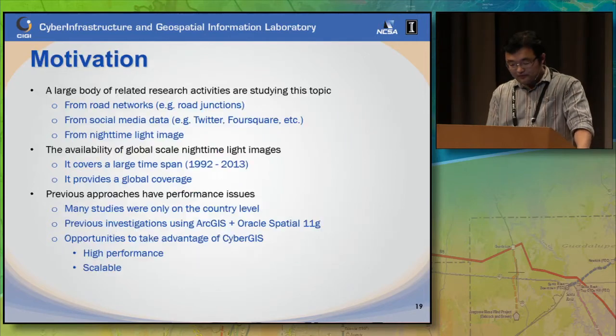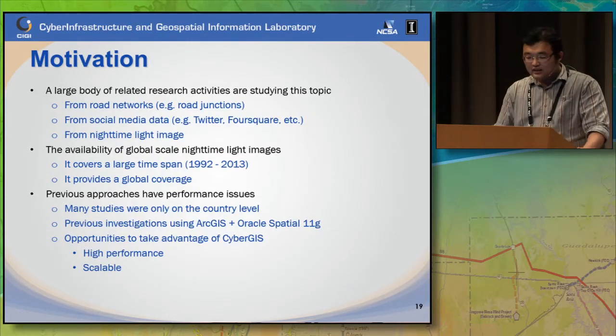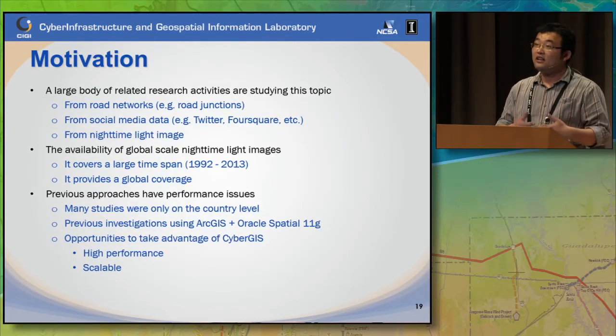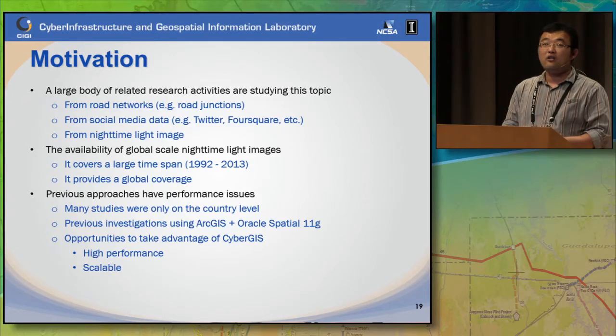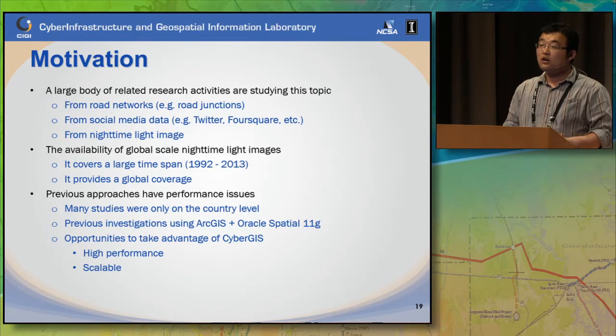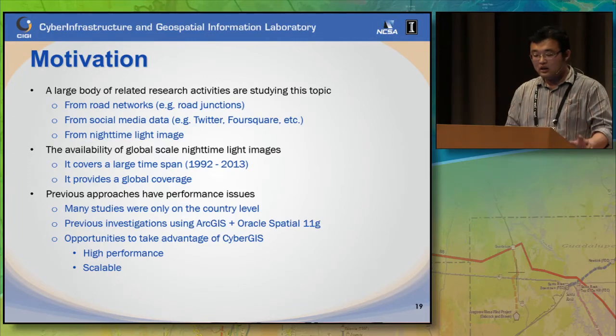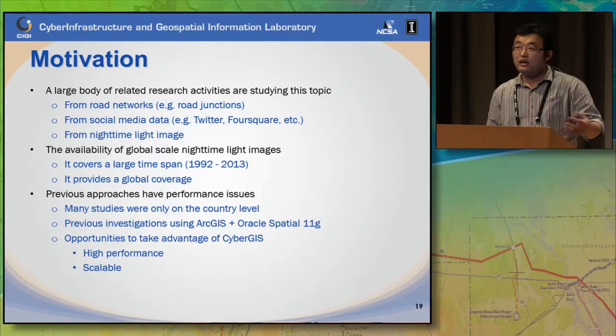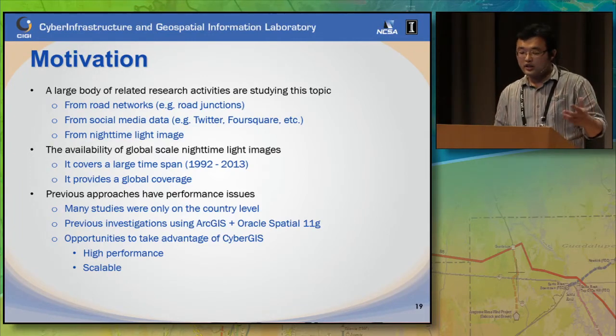So the motivation is there's a large body of studies already going on into this topic about the natural city. People use the road networks, so people see where the roads connect most, which is supposed to be human settlements, in an analogy. And some people use social media, like the Livehood project.